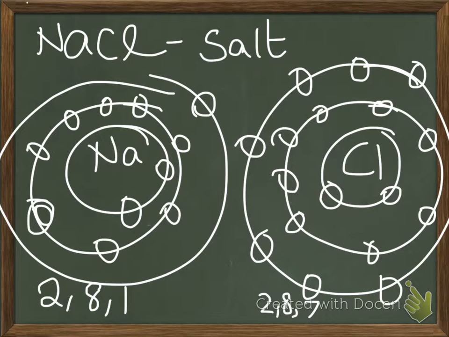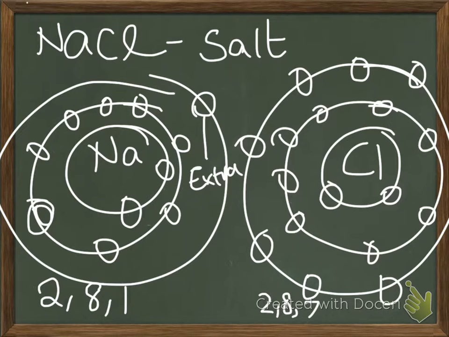Sodium has one extra electron in its outermost shell. Chlorine requires one electron in order to attain stability, and sodium needs to lose one electron in order to gain stability.